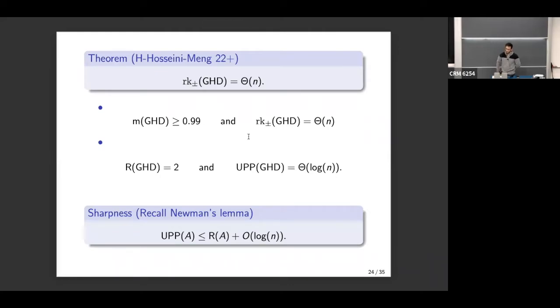Remember Newman's lemma that I mentioned earlier, that UPP is at most R plus log n. This works for partial matrices too, and this shows it's sharp. So this log n, you really need exactly the log n there. You can't find better examples.